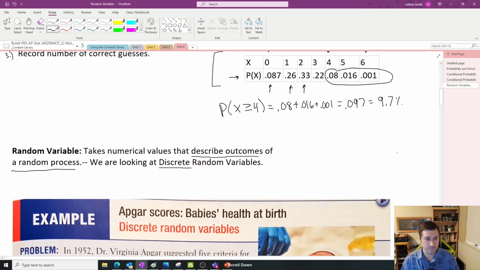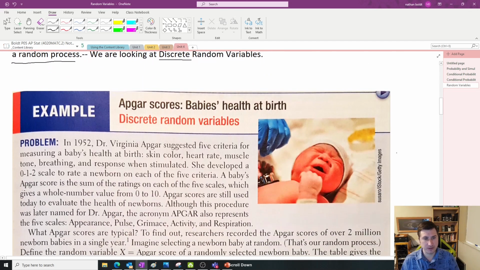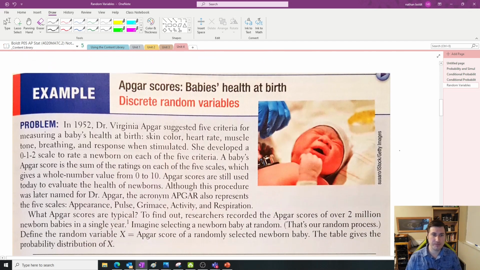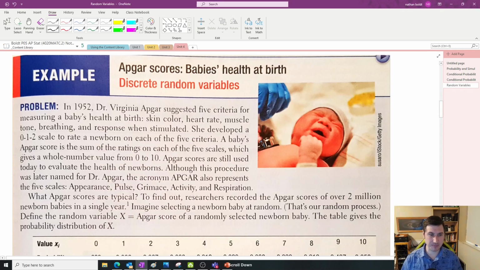All right, so our first example here, to put it all together, anybody heard of APGAR scores before? If you were a little bit older when you had a sibling, you might have heard about APGAR scores. It's a score that they give to a baby at birth.